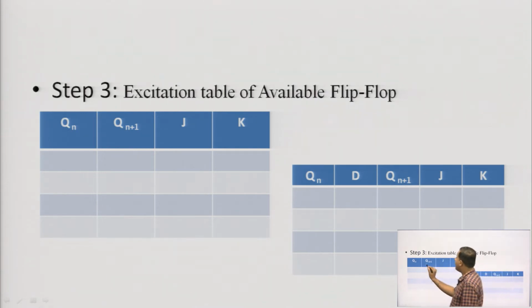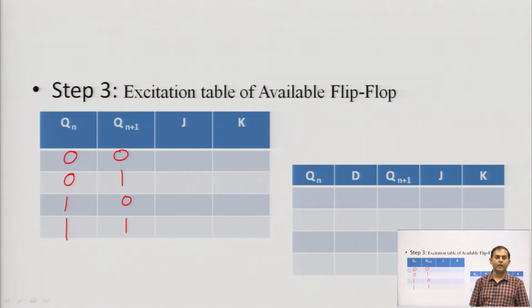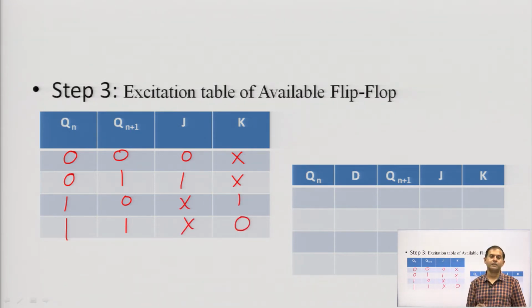So, here Qn plus 1: 0 0, 0 1, 1 0 and 1 1, and if you follow the lecture slide for JK flip flop, you can easily get it from there that the excitation of JK flip flop is written like that: 0 cross, 1 cross, cross 1 and cross 0. Already you have discussed this in detail in the previous lecture, so you can refer there. So, the excitation table is also made.